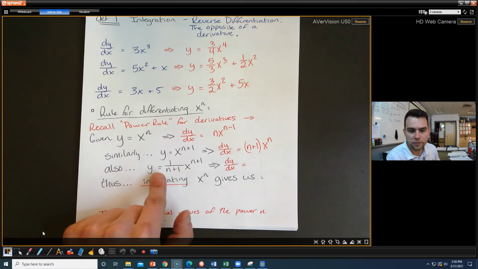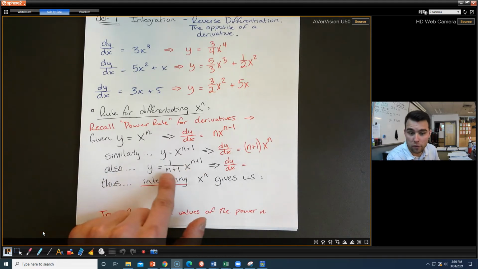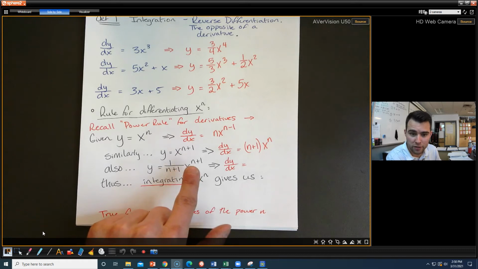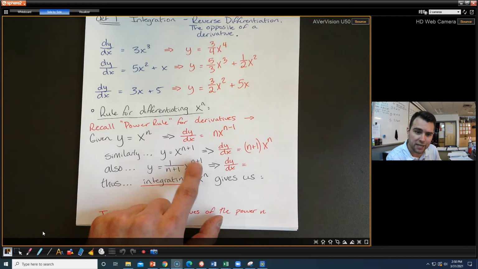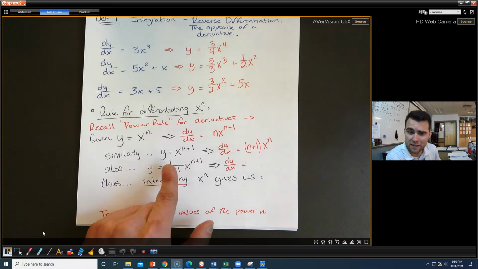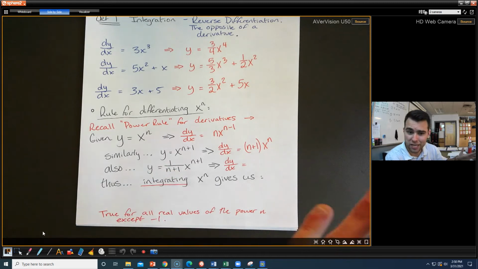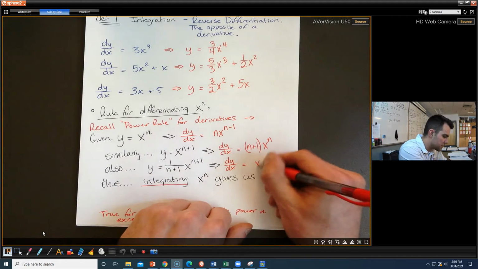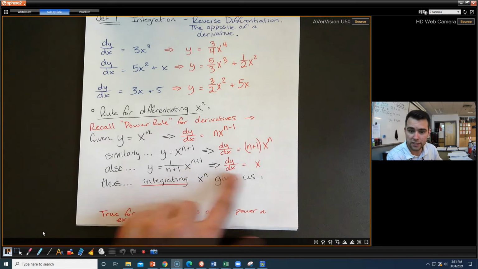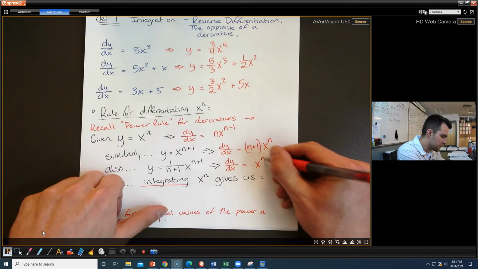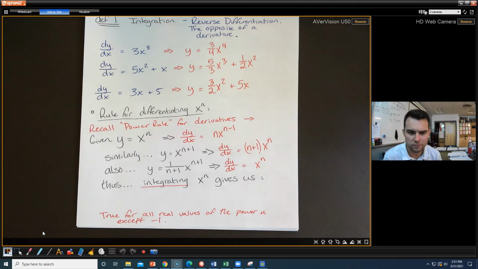We also know that y equals 1 over n plus 1, x to the n plus 1. We can also do that too. Again, I take my power, my n plus 1, and I'm going to move it in front. Well, I'm going to end up getting n plus 1 over n plus 1, which just cancels out. So I am left with an x, okay? And if I subtract 1 off of this, again, I get x to the n power.